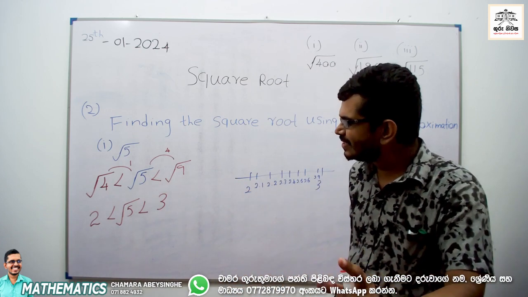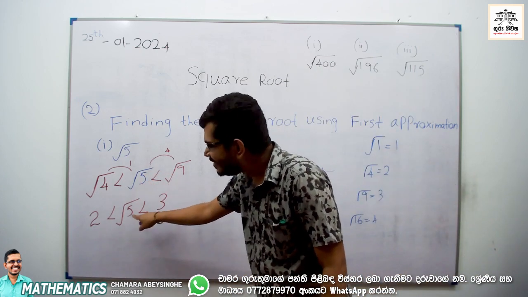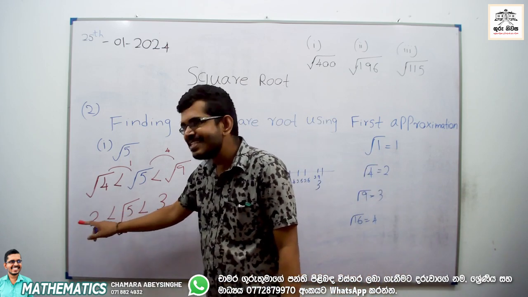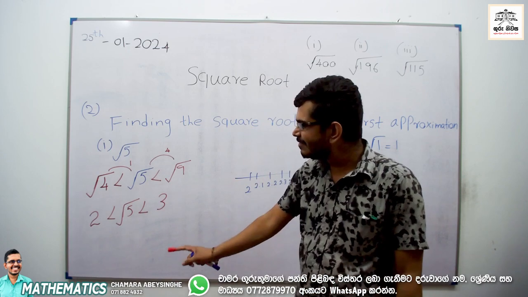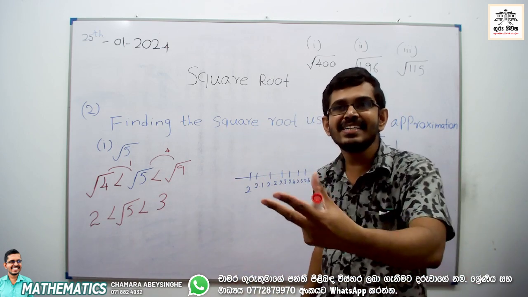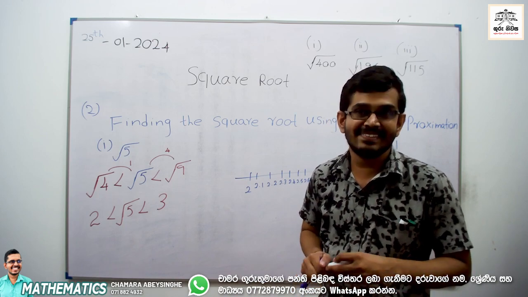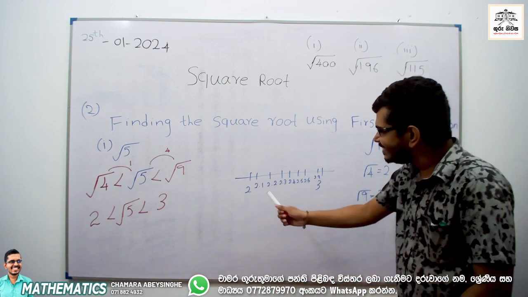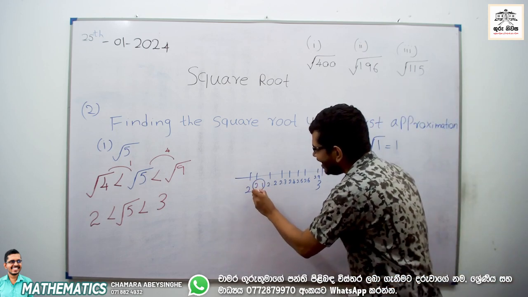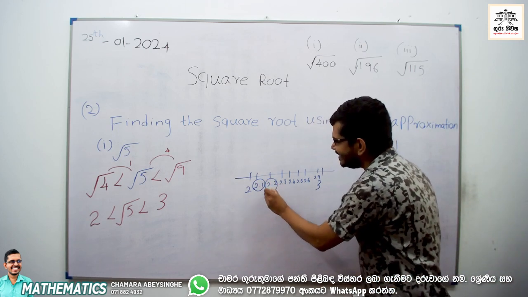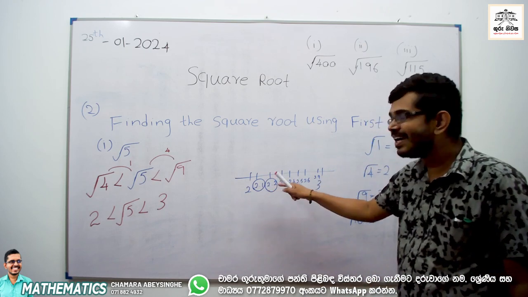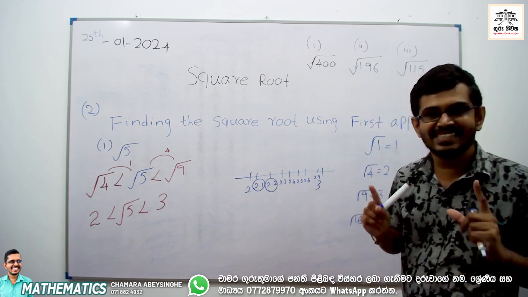That means, student, the square root of 5 is nearest to 2. Square root 5 2 වලට කිට්ටුයි කියන එක. ඒ කියන්නේ 2 වල nearest values ටික තමයි 2.1, 2.2 and 2.3. 2.1 and 2.2 are the nearest ones.